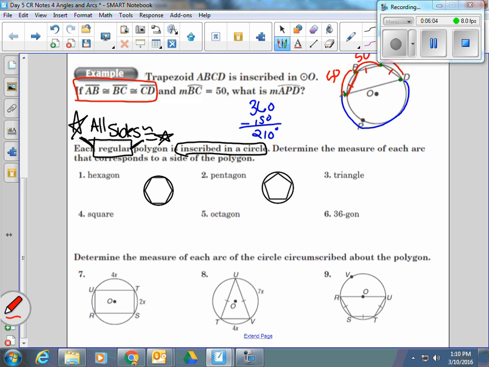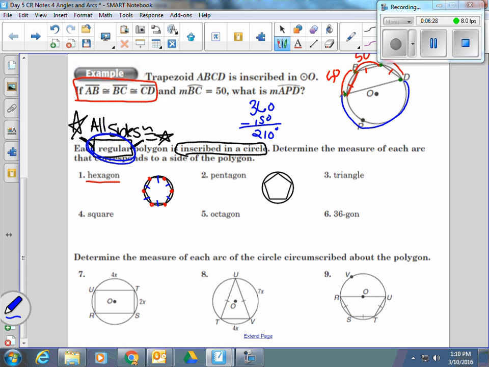So right here, if I'm talking about a hexagon, I have a hexagon on the inside of a circle, but more importantly, all these points right here have to touch. What else do I know about this hexagon? All the sides are equal, right? In other words, all those chords are equal.